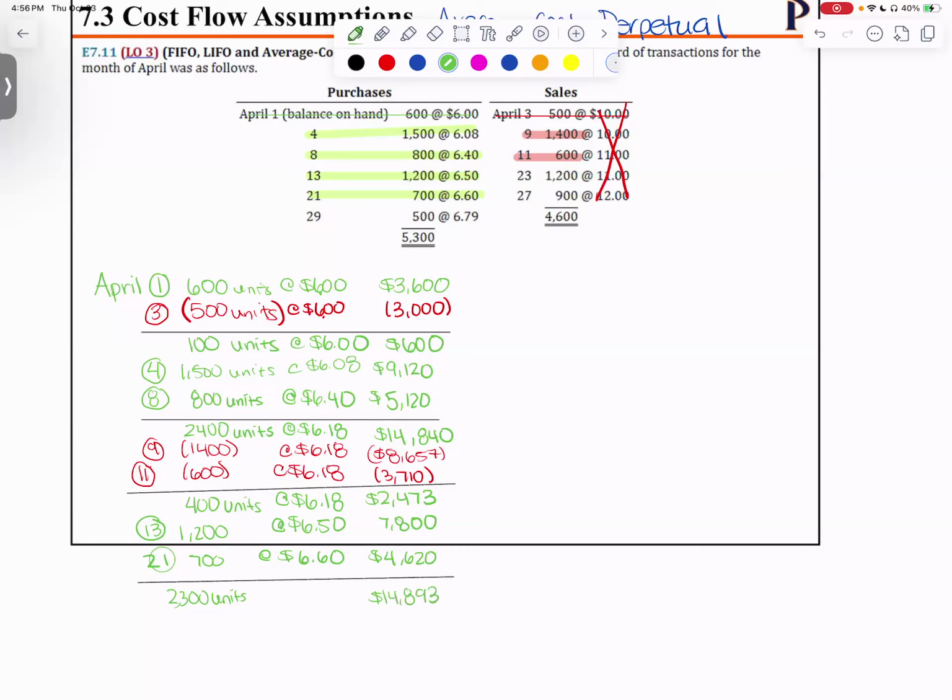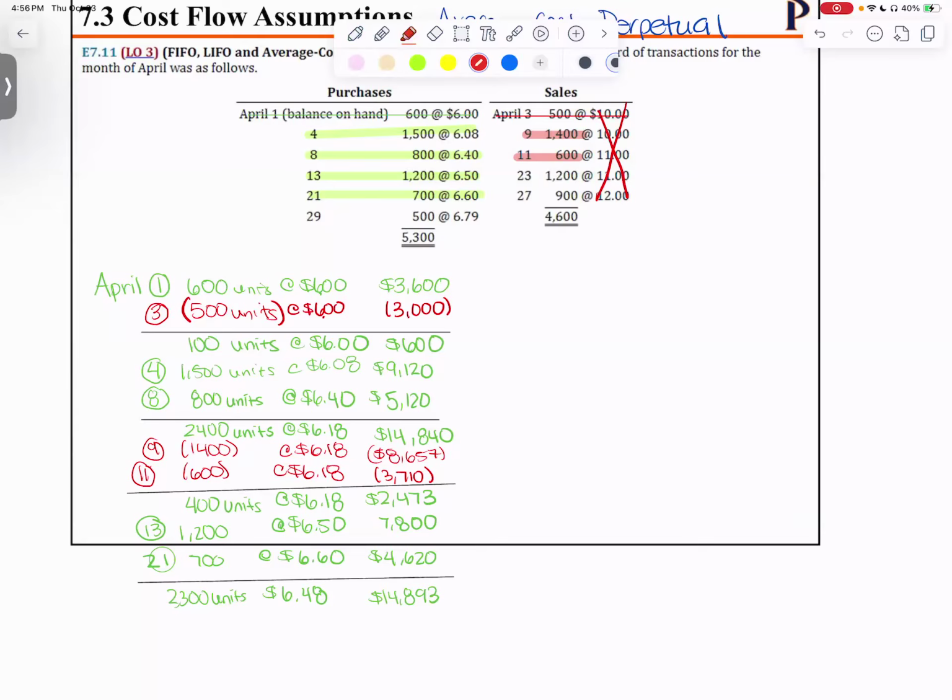If we take 14,893 and divide that by 2,300 units, we'll have an average cost of $6.48. So again, we can do a reasonableness check. We see our lowest cost of our inventory was $6.18, and then our highest was $6.60. $6.48 falls in between, so that seems reasonable to me.